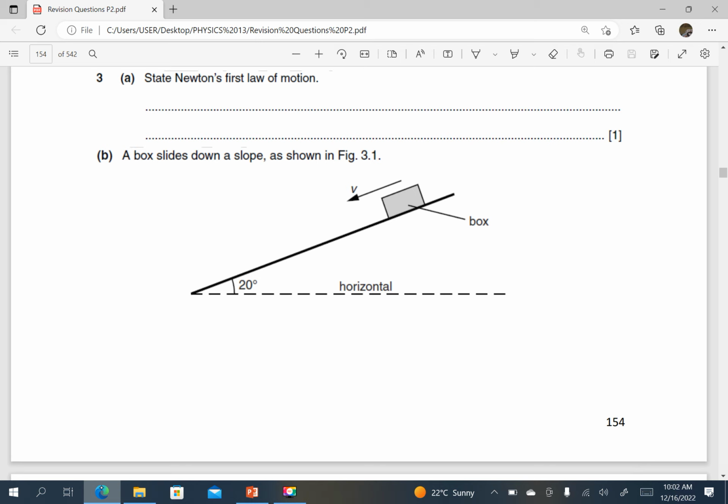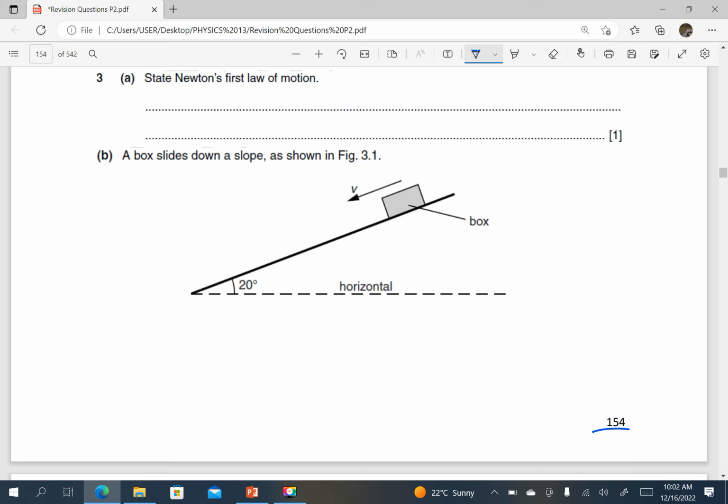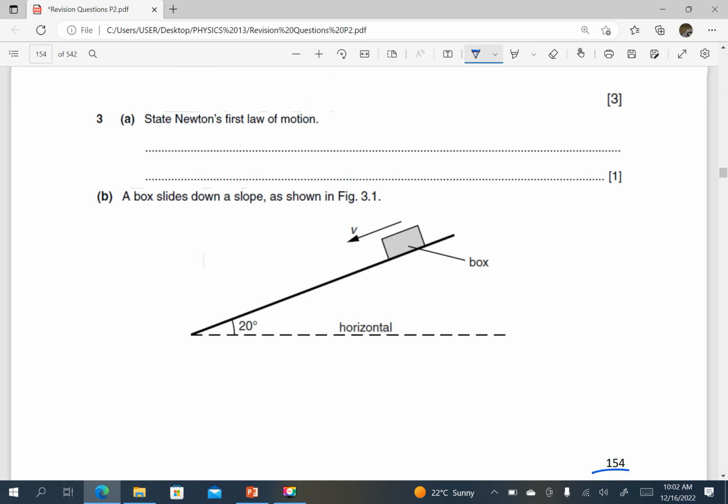So I think in part 1 we stopped on page 154. And I wish to start from the same page. We stopped on this same question, state Newton's first law of motion.